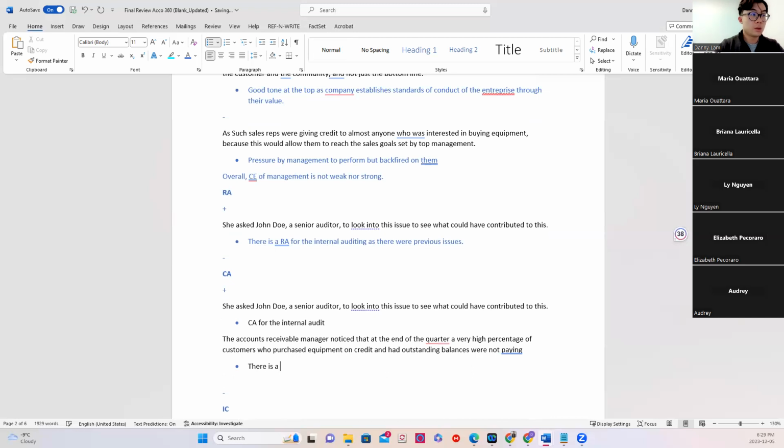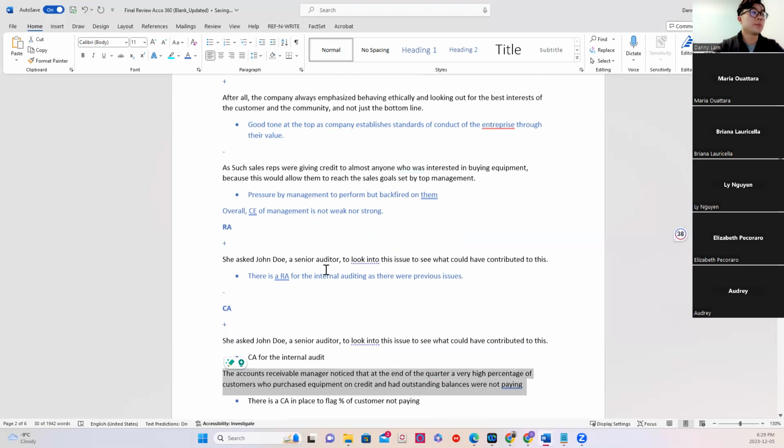There is a control activity in place to flag this, and then you would take this, and this would be a positive risk assessment.